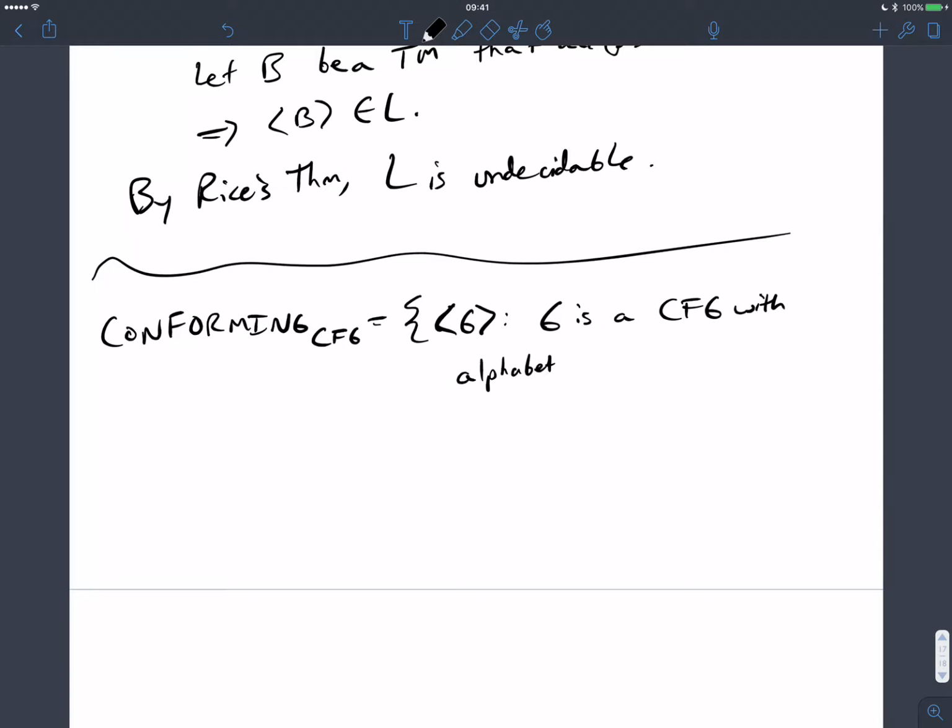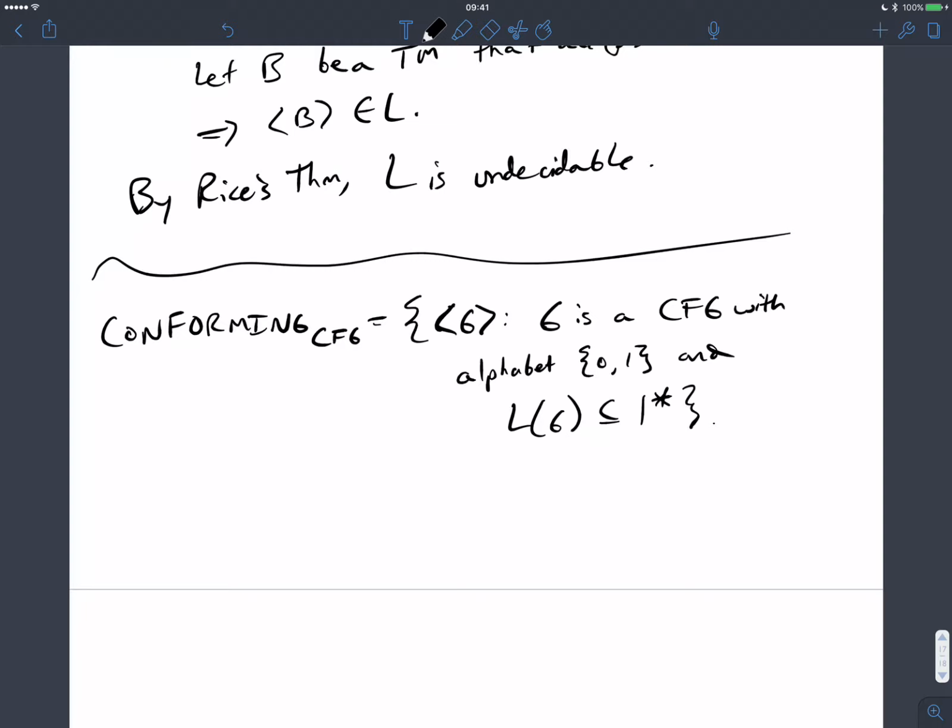Okay, so you're given a grammar with alphabet 0, 1, and you have to figure out whether or not it only accepts strings that have no zeros in them.